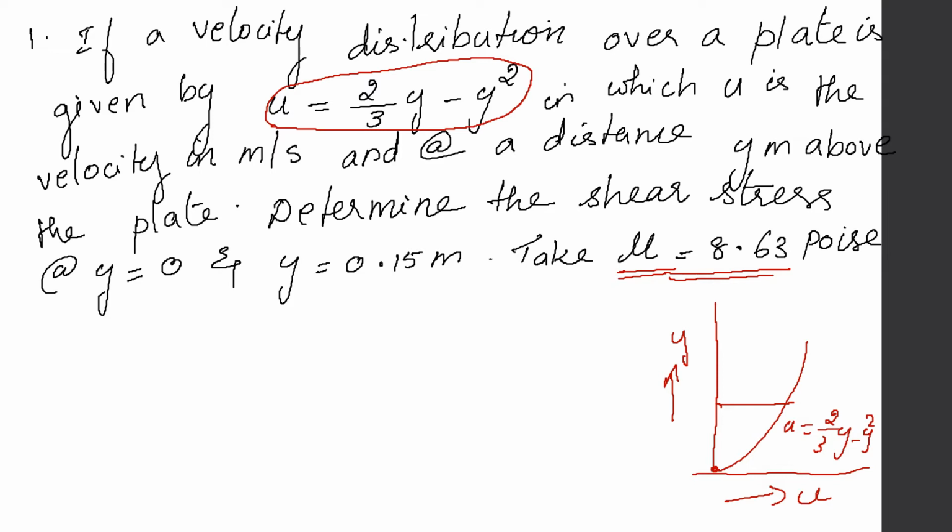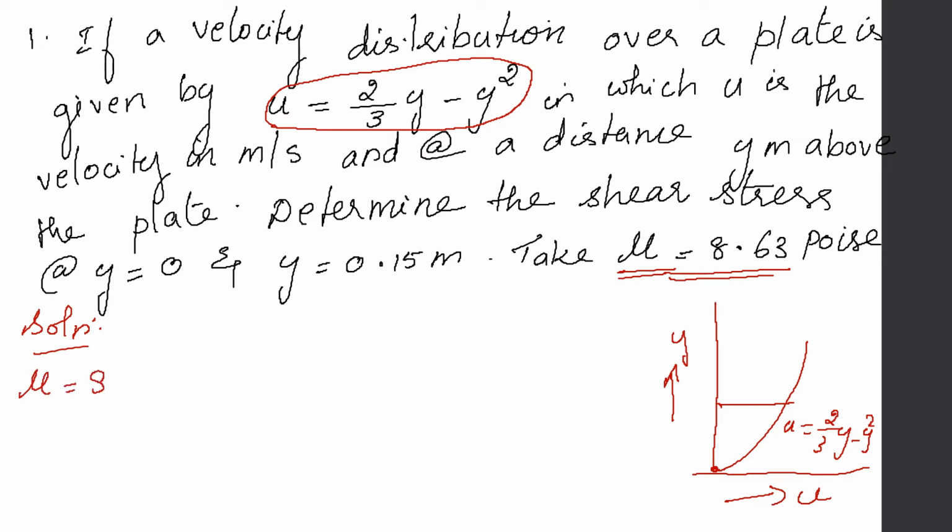Now first of all, in order to solve our problem, we will convert our dynamic viscosity from poise to Newton second per meter square, that is, we will convert this poise unit to SI unit. How will we do that?